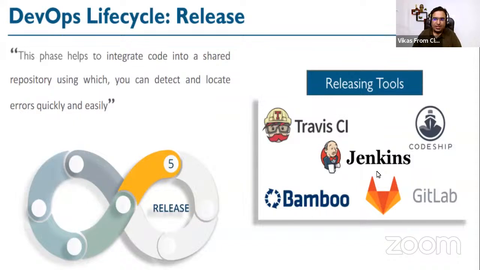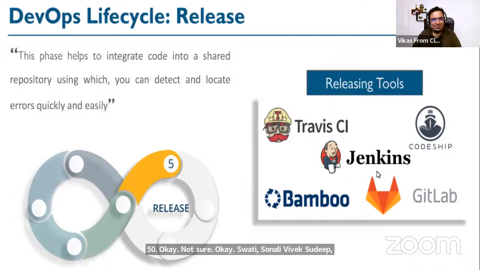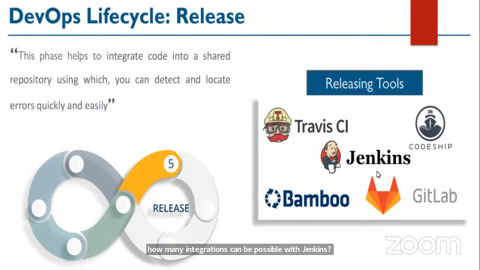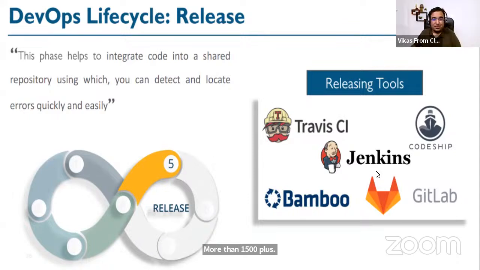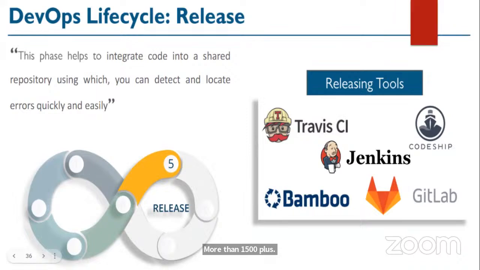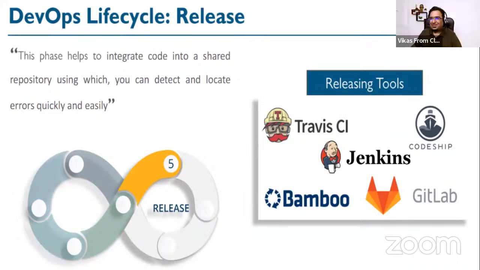Vishnu is telling 150, another says 100. What about others? 50, okay. More than 1500 plus, okay. Uncountable.